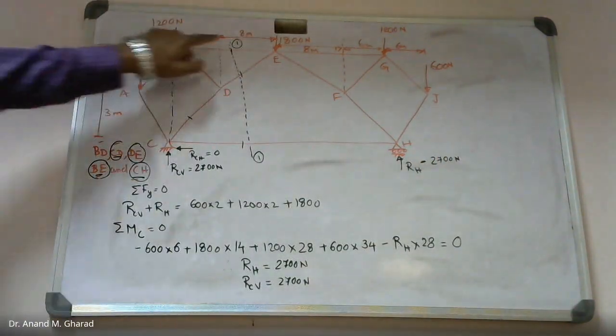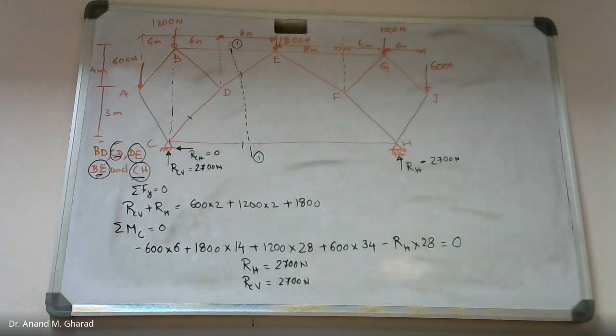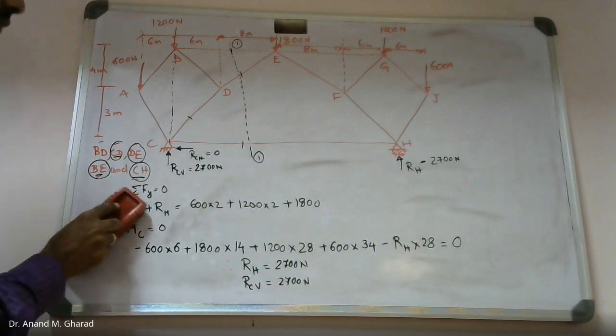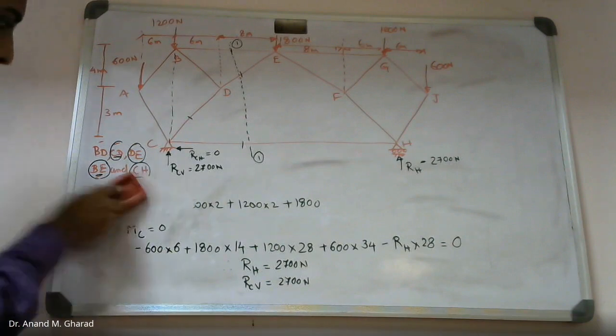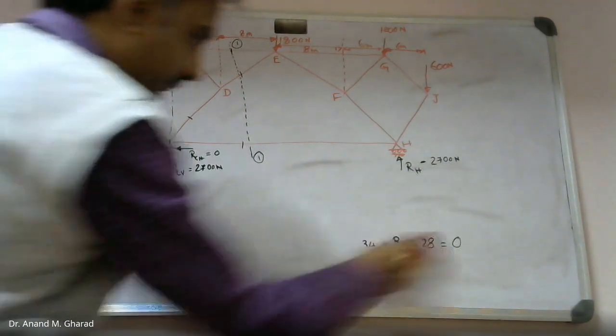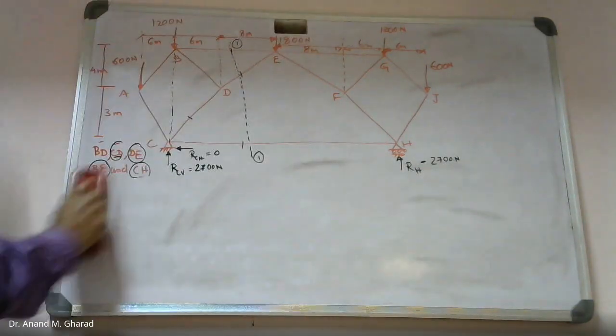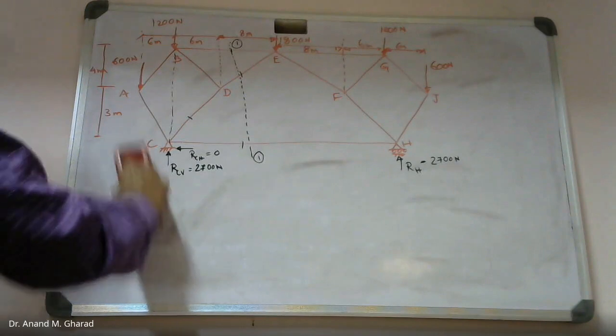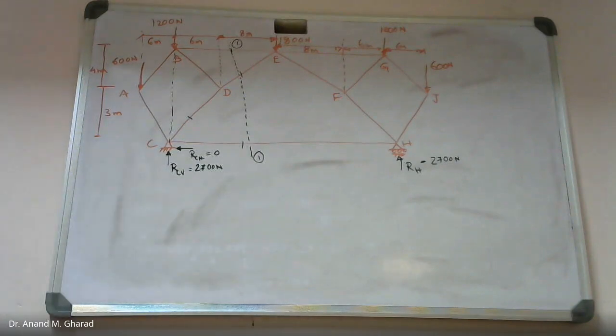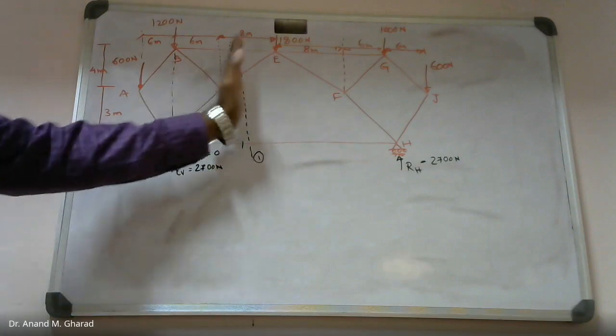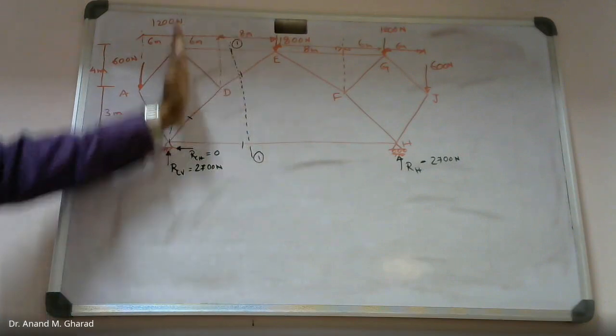Then you consider this section 1-1 and you now draw the free body diagram. So I will rub this part. Rub this portion, and what I will do is I will consider, let's say, left hand side portion.